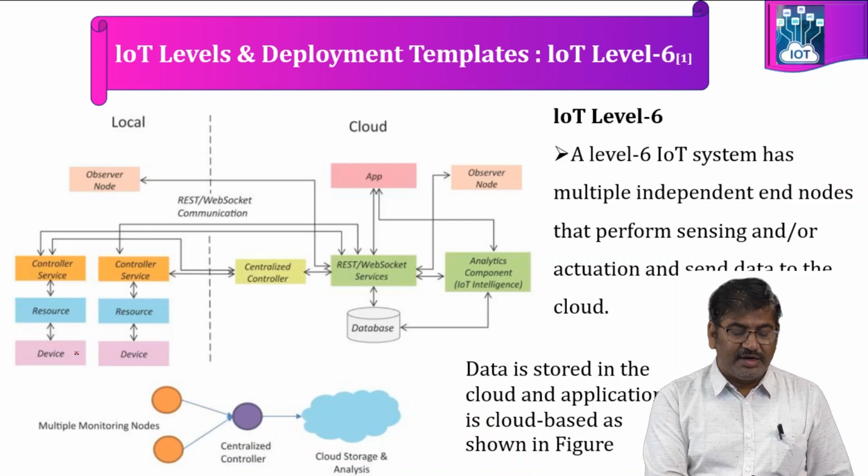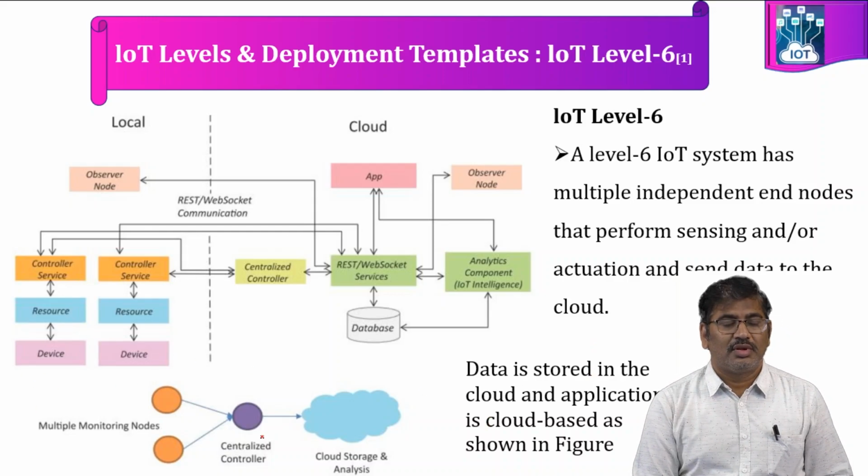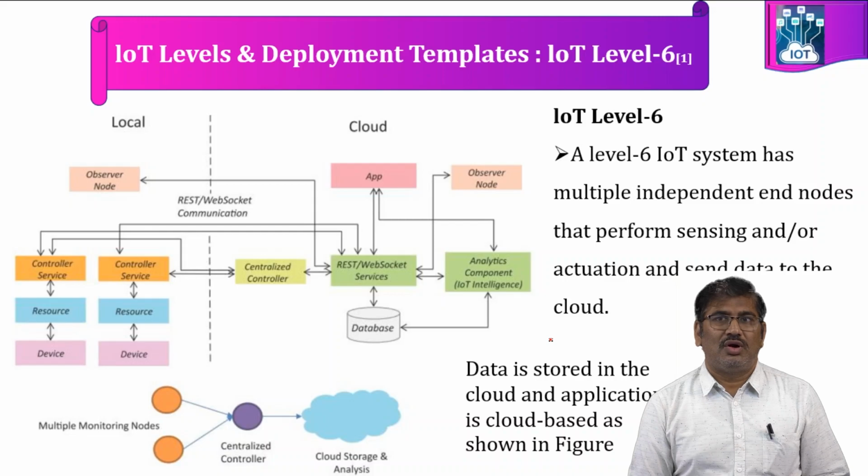Here we have a device. The device may be a sensor, an actuator, or both a sensing and actuating device. This will coordinate with the centralized coordinator. The data which is sent will be stored in the cloud database, and the application also will run in the cloud.